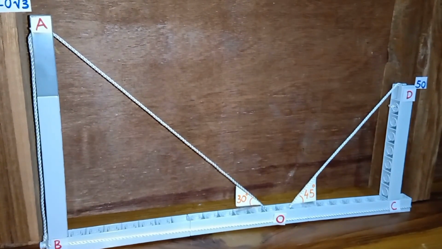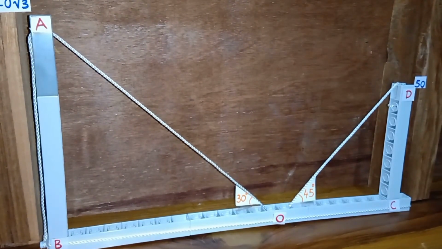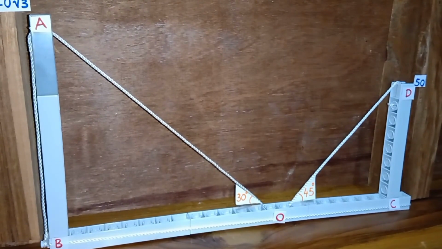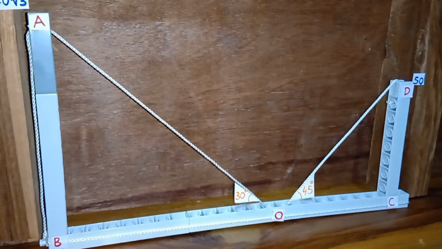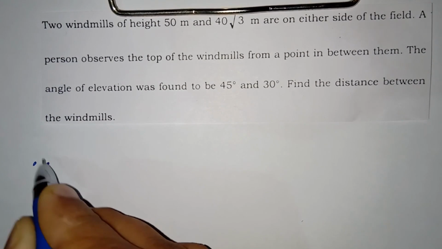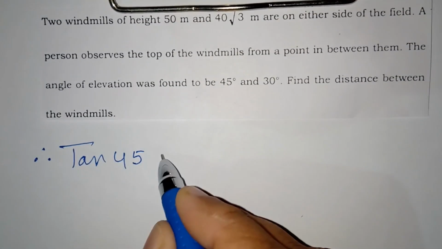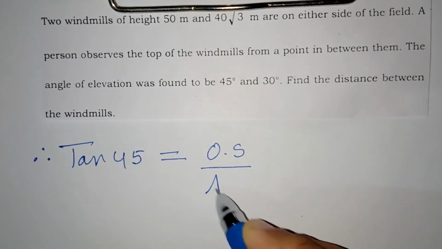Firstly, let us consider the right angle triangle ODC. We know the height of the windmill DC and the angle of elevation, 45 degrees. So, we can use the trigonometric ratio tan to determine distance OC. Therefore, tan 45 equals opposite side by adjacent side.